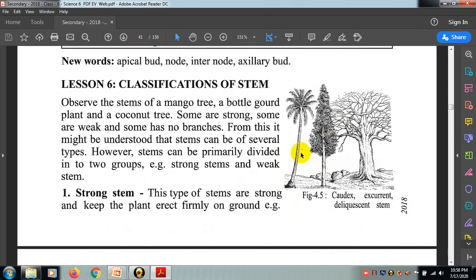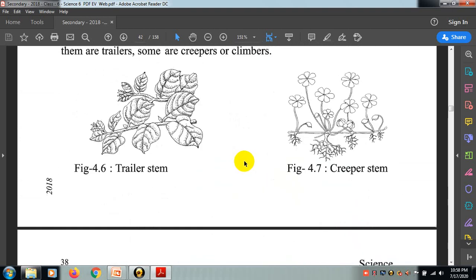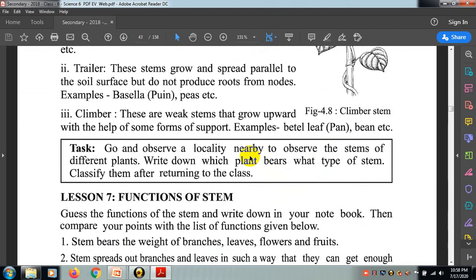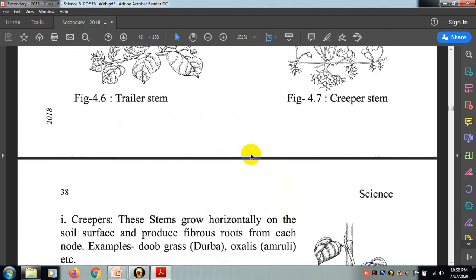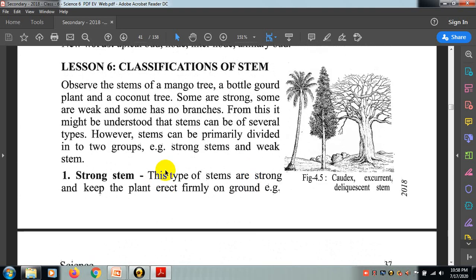And I already told, this is temple shape, this is dome shape. And this is also a part. Okay, so this is all.